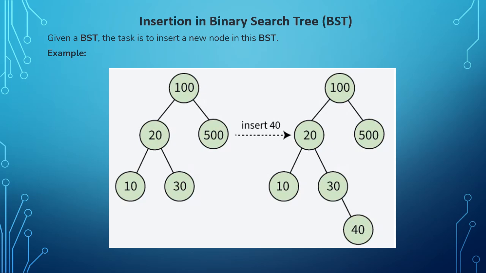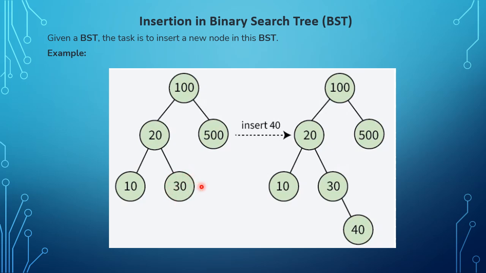100. So 100 is greater than 40, so the 40 jumps to the left side of the 100. Taking 20 as the root node, 20 is compared with 40, so 40 is greater than 20, so it jumps to the right side of the 20. In the right side of the 20, it also has the element 30.